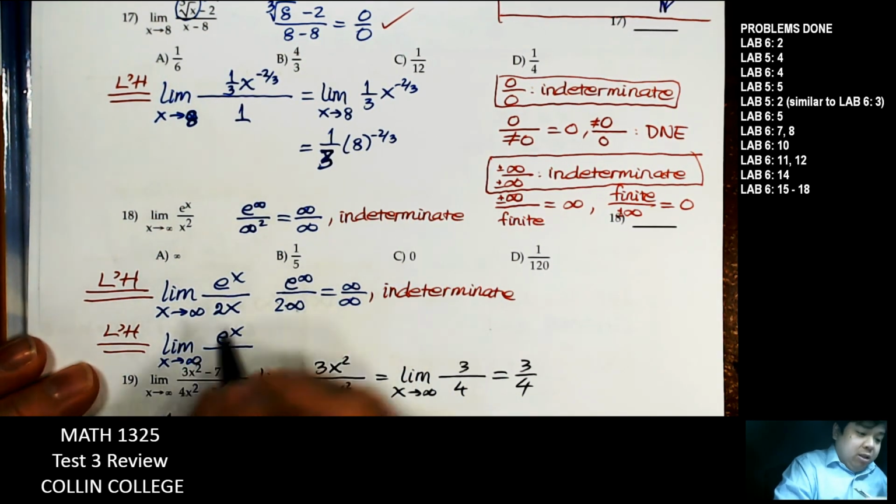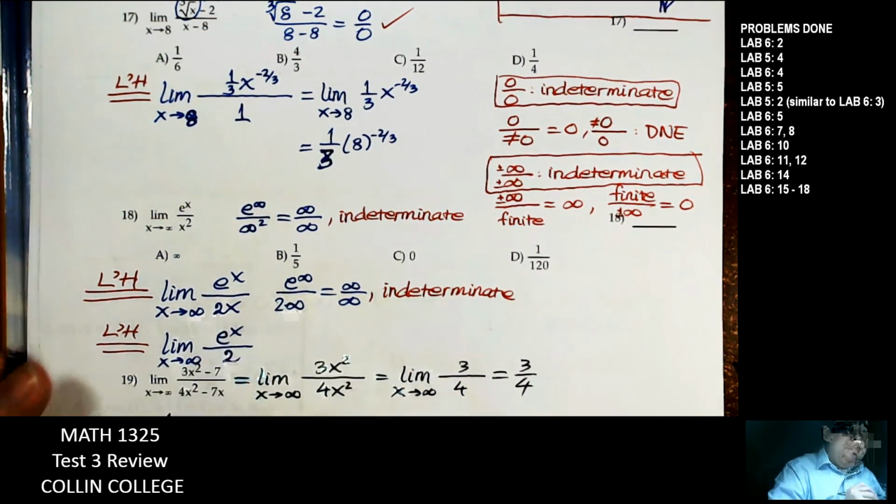We still have infinity over infinity, which is still indeterminate, which means we can still use L'Hôpital's rule. The top is still e to the x, but the bottom is just 2 now.